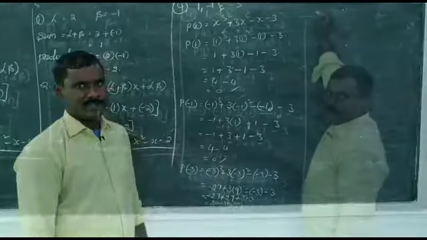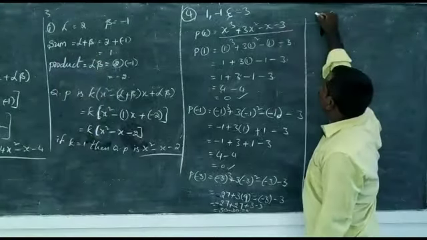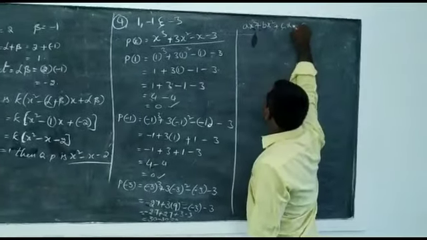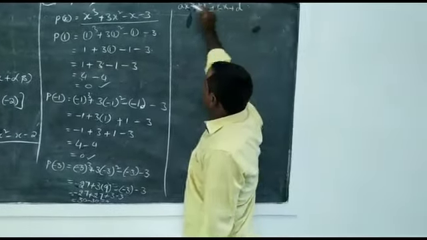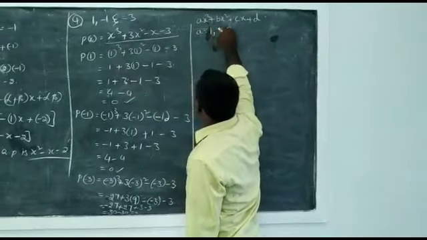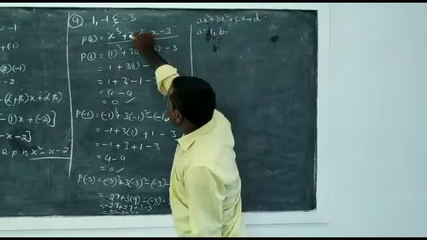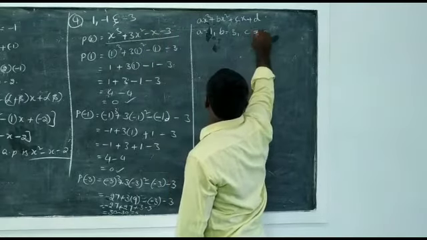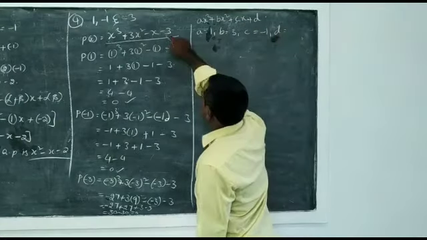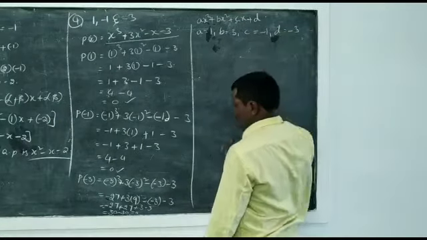Now verification. This polynomial compare with the polynomial ax cube plus bx square plus cx plus d. Now the x cube coefficient a is equal to 1, b is equal to x square coefficient 3, x coefficient c is equal to minus 1, and the constant term d is equal to minus 3.